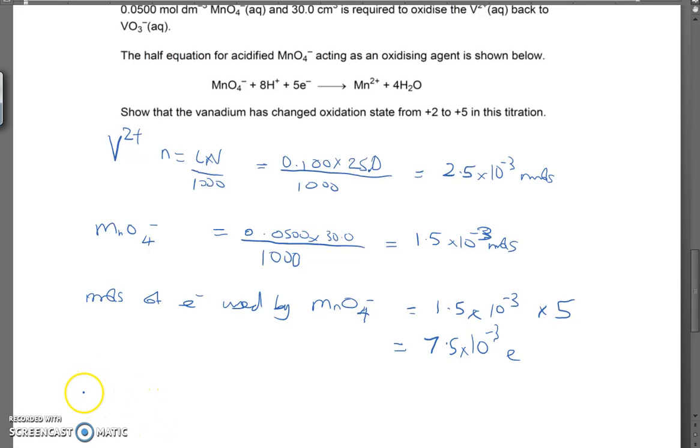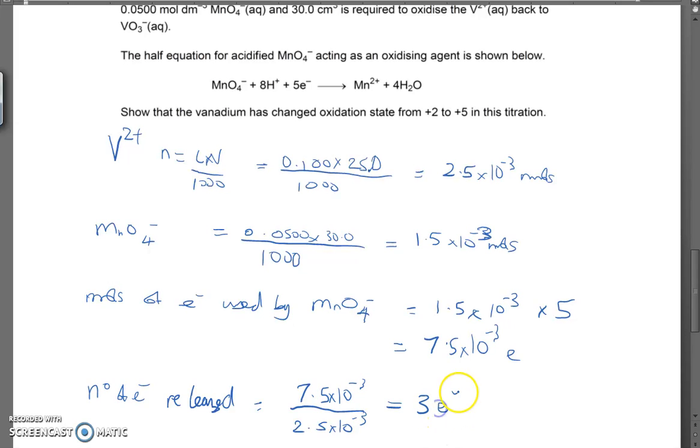So the number of electrons released is equal to the total number of electrons divided by the moles of vanadium, which equals 3 electrons.